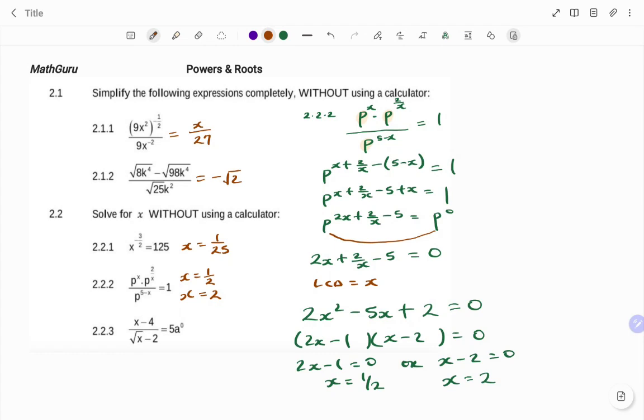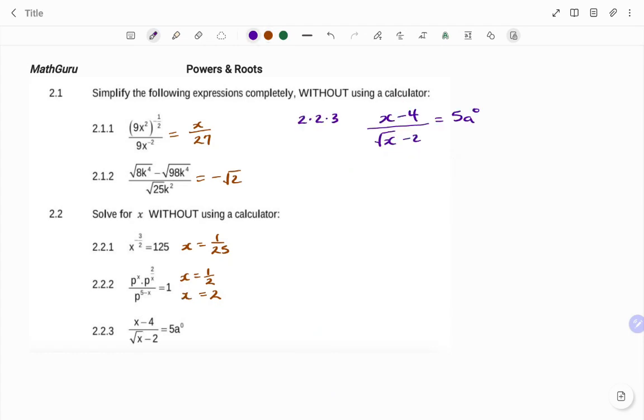For the last part of the question, we have x minus 4 divided by root x minus 2 equals 5a to the power of 0. The laws of exponents says that any number or variable raised to the power of 0 is equal to 1. So therefore, I have x minus 4 over root of x minus 2 is equal to 5 times 1, which is 5.